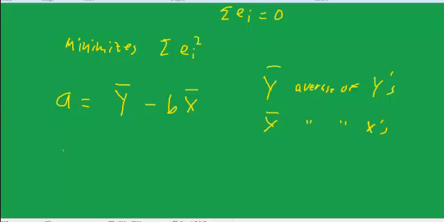But what about b? How are we going to get b? Well, b, I won't prove it. It involves actually a little bit of tricky calculus to prove it, because we're trying to minimize this sum of squares.